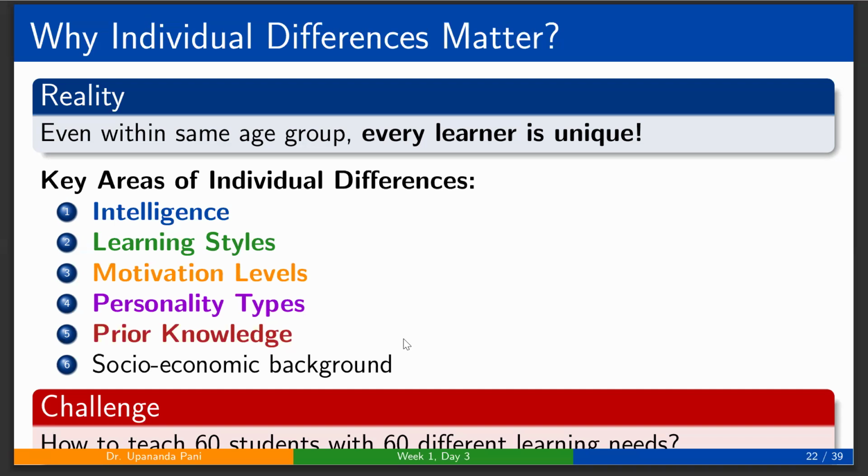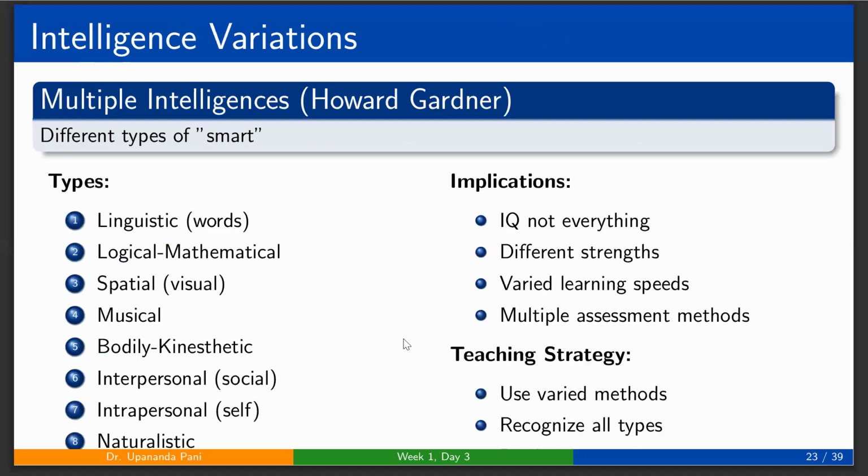When we are teaching in a class, these individual differences are there, because they all come from different backgrounds, with different intelligence levels, learning styles, and motivational levels. Now, how can you analyze the intelligence variation in this case?